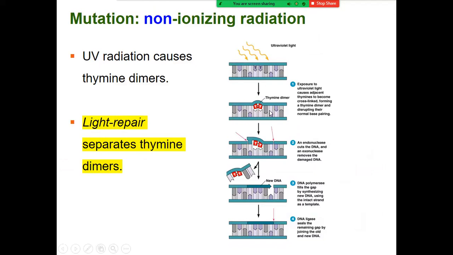That causes a bubble in the DNA right here. And actually the cell can use that bubble in the DNA and then repair this region of the DNA. We're not going to talk about DNA repair, but it can actually repair that.